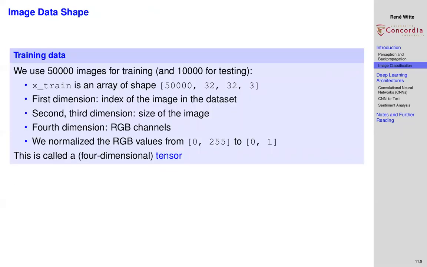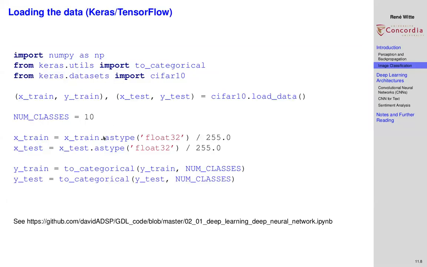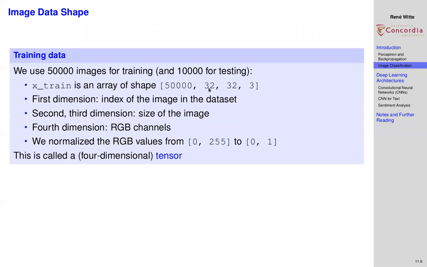So we're using a train test split of 50,000 images for training, and then 10,000 images for testing, for evaluating our classifier. The X train array that we are loading here has the shape 50,000, 32, 32, 3. 50,000 because it's 50,000 images. Each image has 32 by 32 pixels, and it also has 3 different channels.